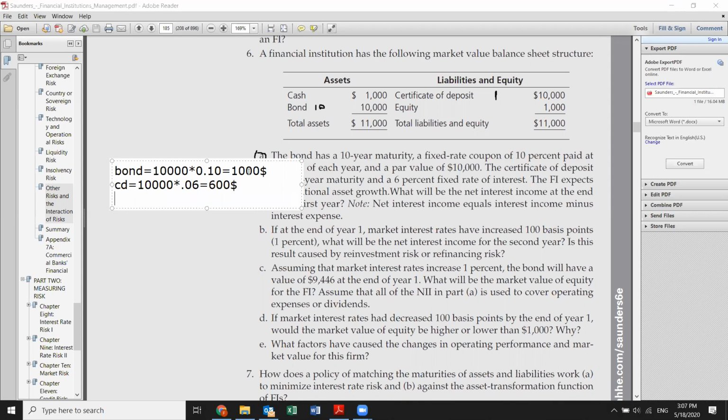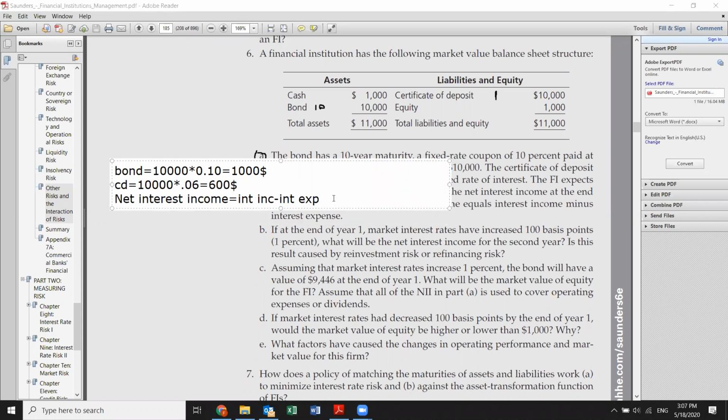So our net interest income is equal to interest income minus interest expense. This is what we know from the formula. That will make us 1,000 minus 600, which is $400. So our net interest income is $400.